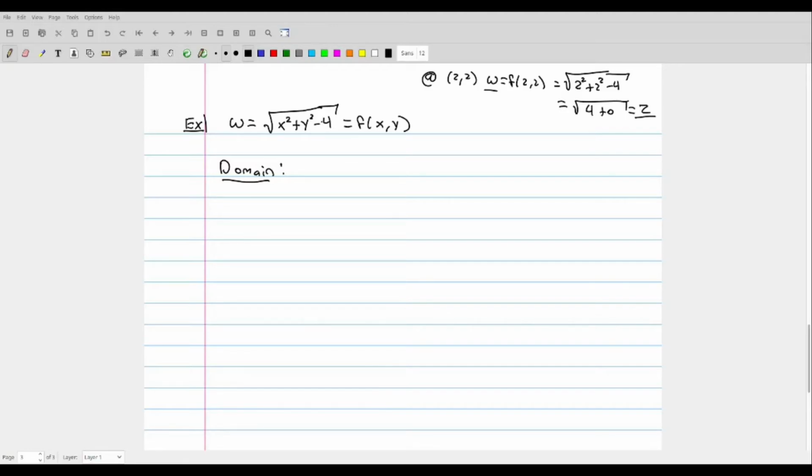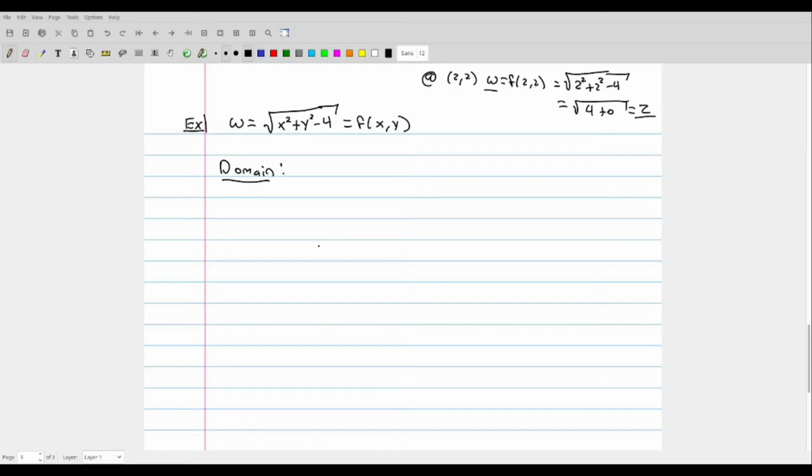There's no division, so there's no worry about dividing by 0. But we do have a problem with the square root function, because the square root can only be taken of things that are greater than or equal to 0.